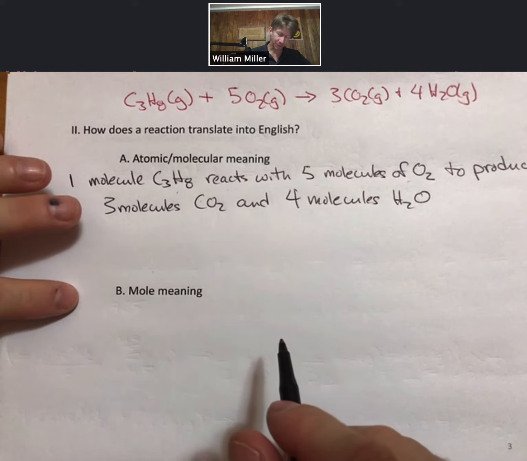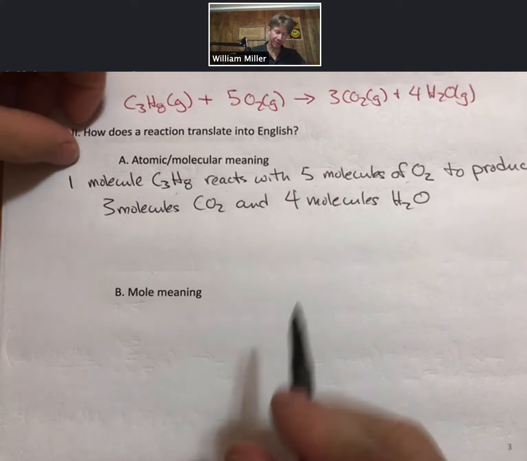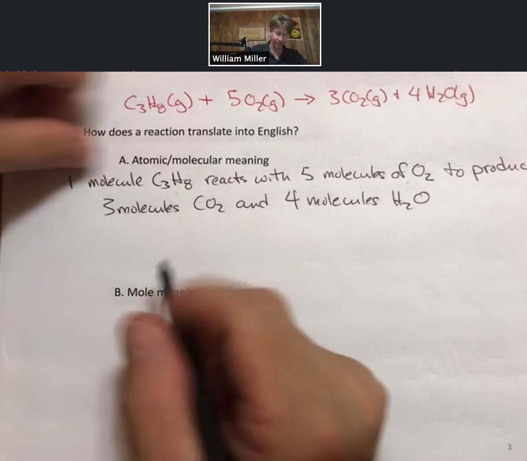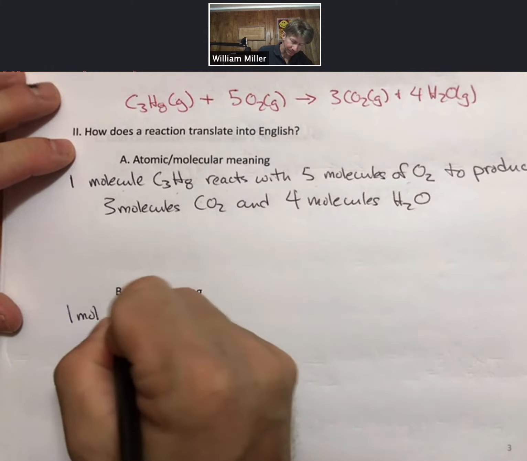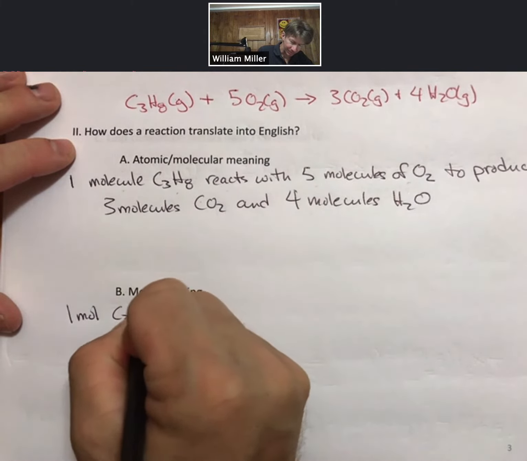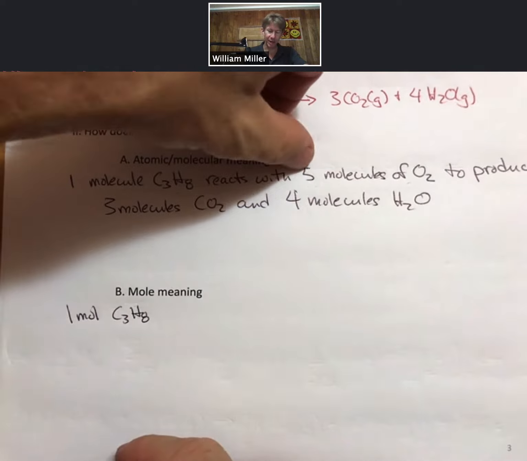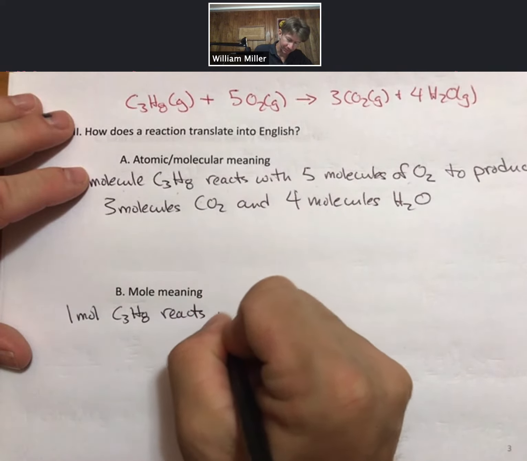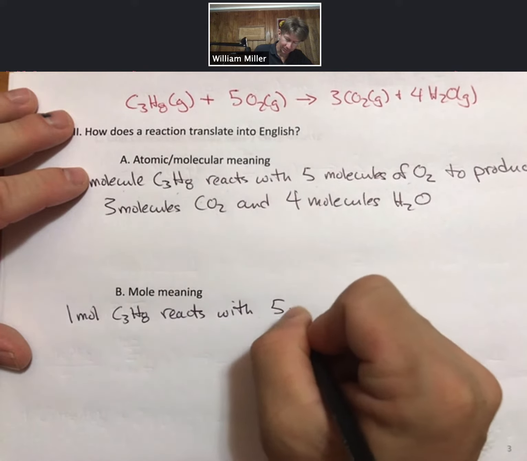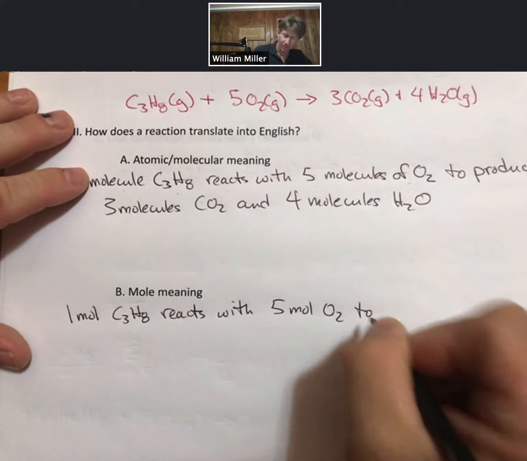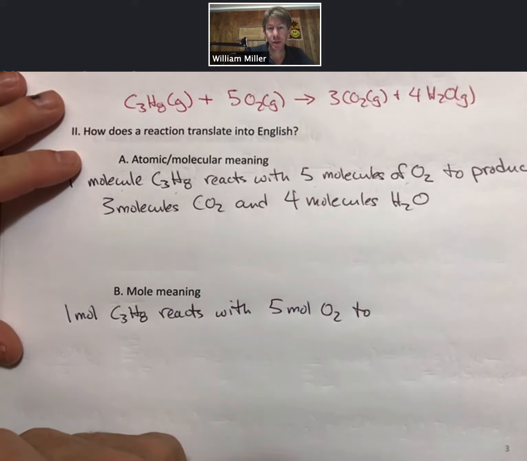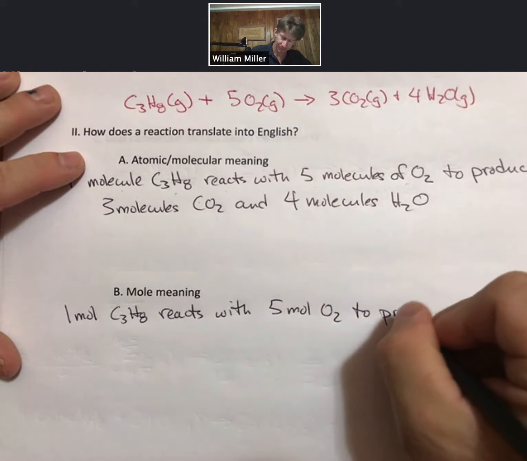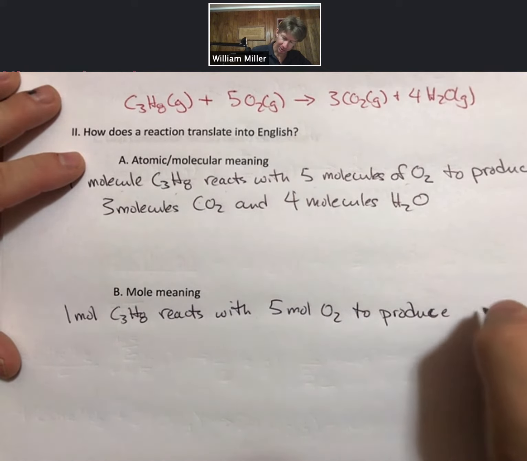For the mole meaning, we are going to replace the word molecule with moles, so 1 mole of propane reacts with 5 moles oxygen to produce 3 moles carbon dioxide and 4 moles H2O.